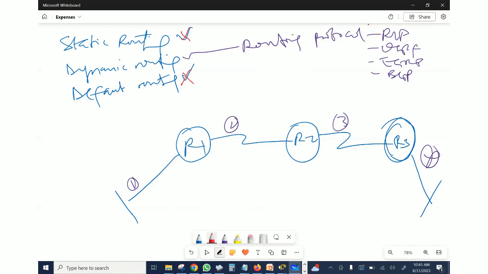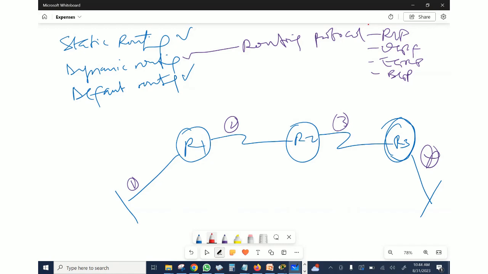Static routing has to do with you, as the network professional, manually telling the router. This is the opposite of dynamic routing.